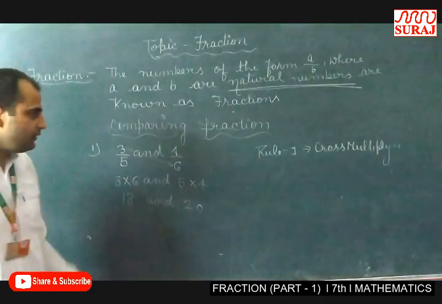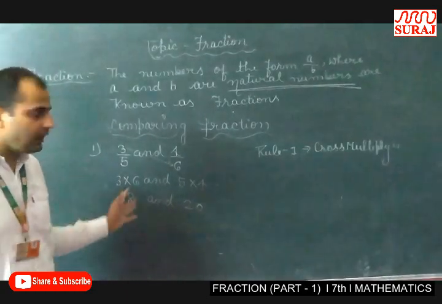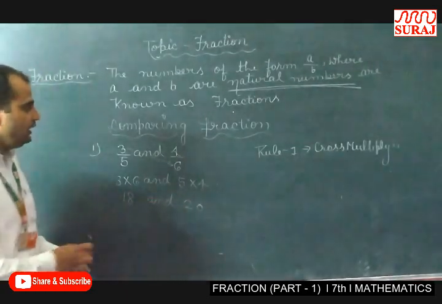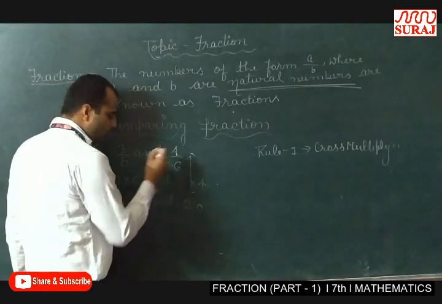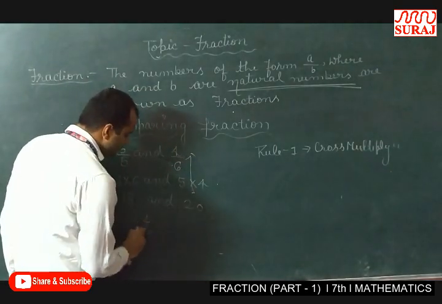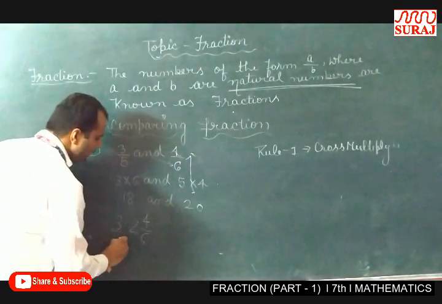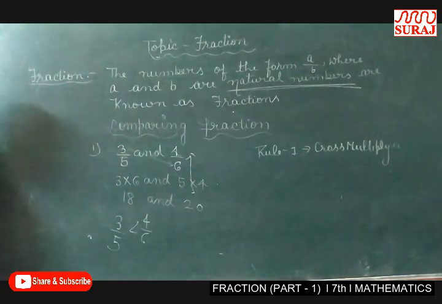So now we can see that 20 is more than 18. So 4 upon 6 is greater than 3 upon 5.